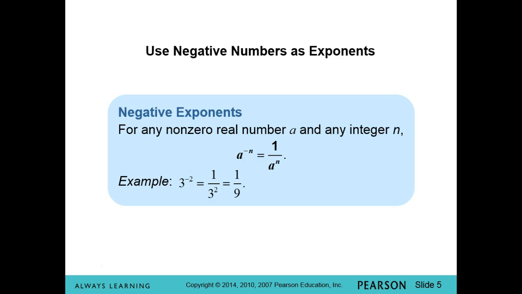You only lose the minus sign for the exponent. And what is 1 over 3 squared? 1 over 9. Exactly. Does that make sense? The minus sign with an exponent moves it across the division line, and then you lose it. If there's a minus sign in front, that doesn't change. The minus sign stays in front.